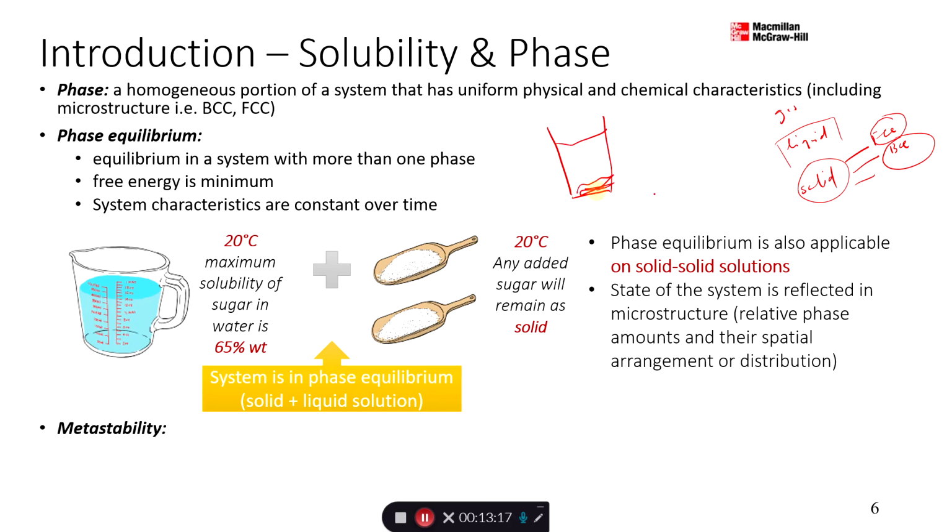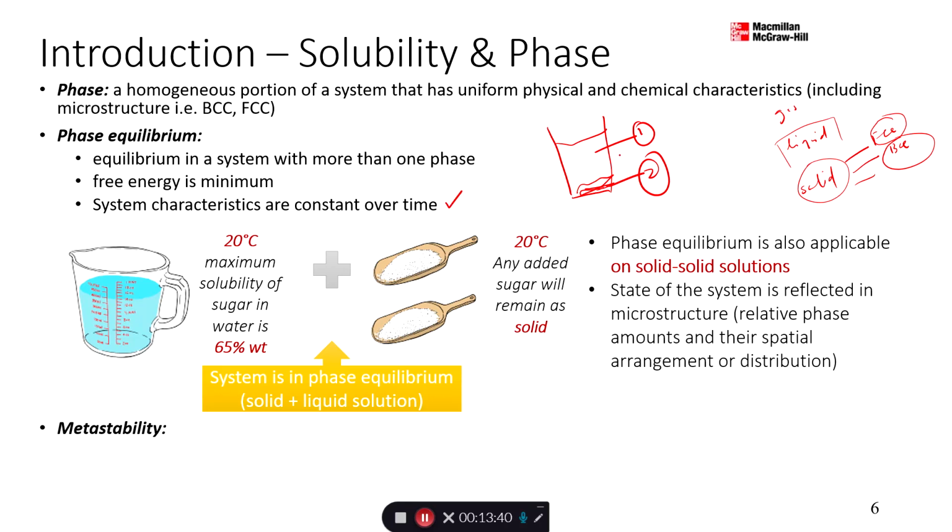You get this. So this is the phase equilibrium. That means you have two phases, 1 and 2, existing in an equilibrium manner. That means they are not reacting. They can be as they are without changing. Okay, constant characteristics.